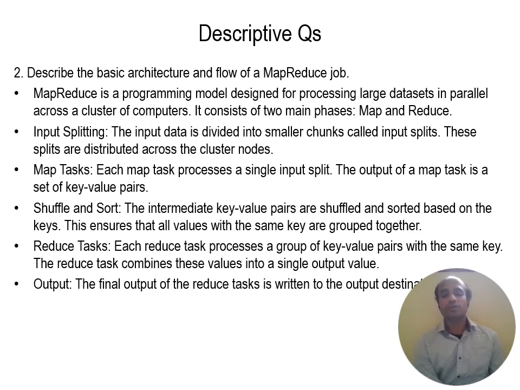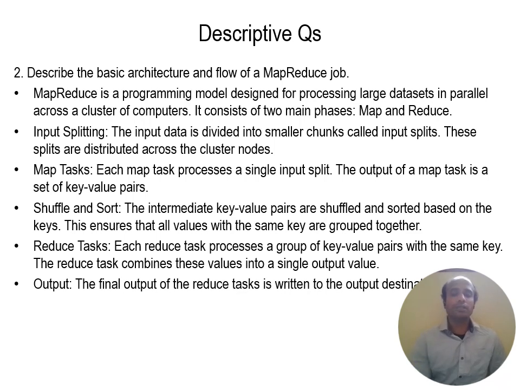Then the final phase, the reduce tasks. Each reduce task processes a group of key-value pairs with the same key. The reduce task combines these values into a single output value. The final output of the reduce task is written to the output destination.